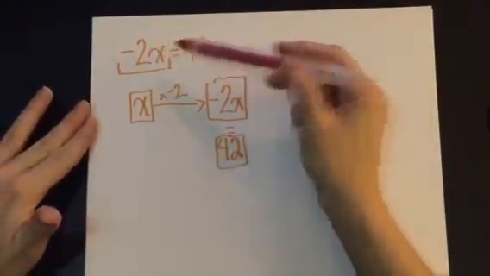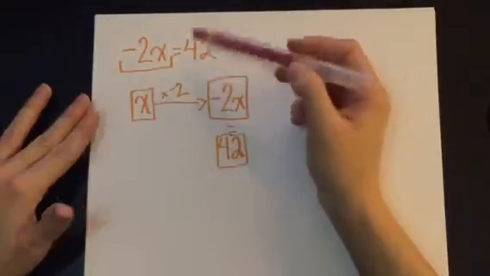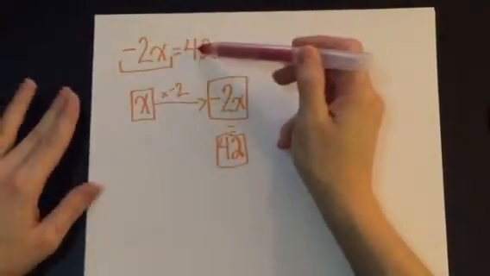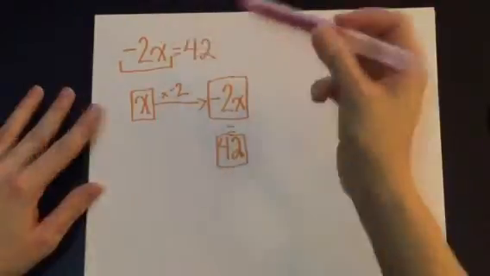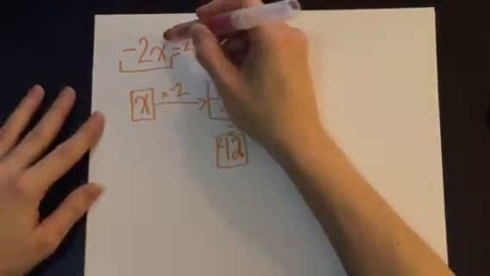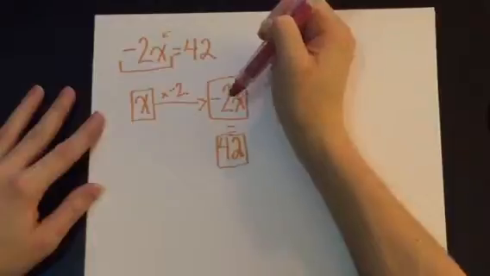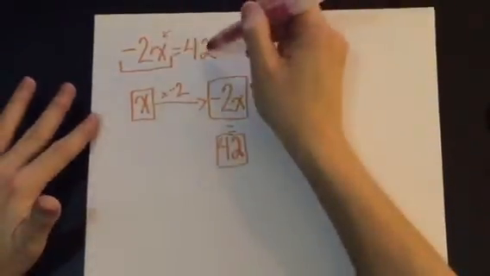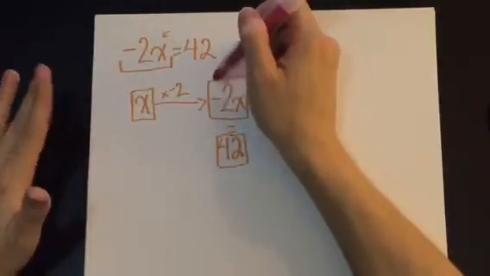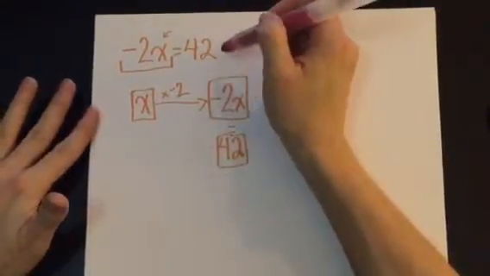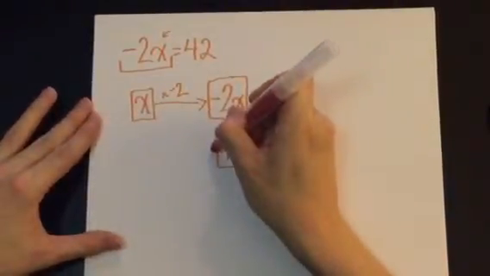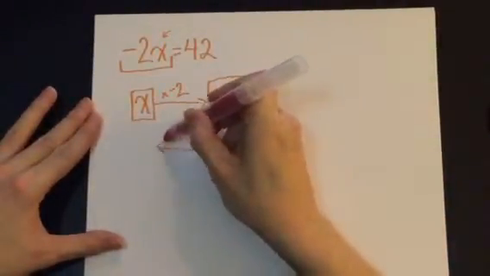You can probably eyeball this: negative 2 times a number is going to equal positive 42. So the number will be negative, because two negatives make a positive, and you might be able to figure in your head that it's negative 21. Let's just see. We're going to take this apart and go backwards.